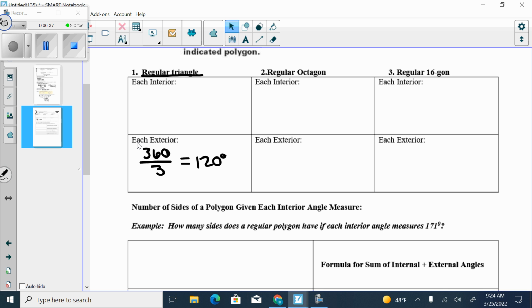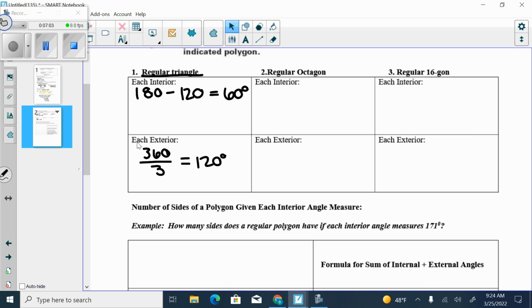And to find each interior, all I would need to do is take 180, subtract the 120, and it's going to leave me with an interior angle. So 60 degrees. Which makes sense because if it's a triangle that's regular, all sides, all angles equal.